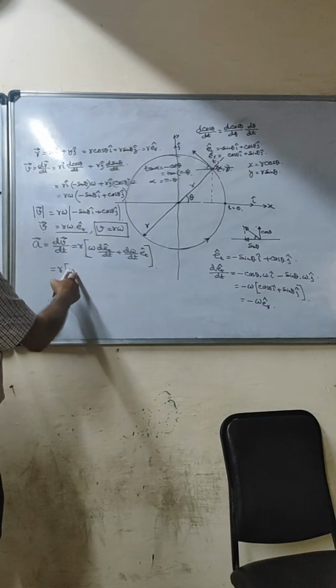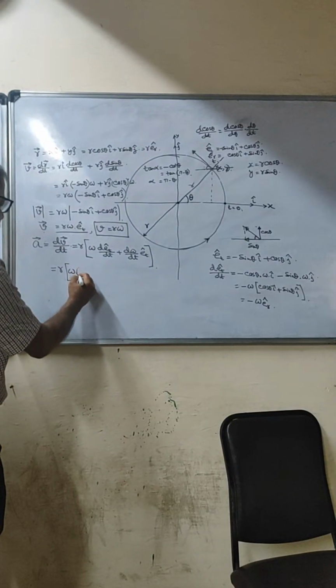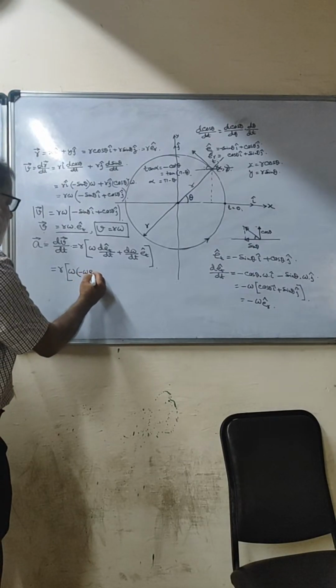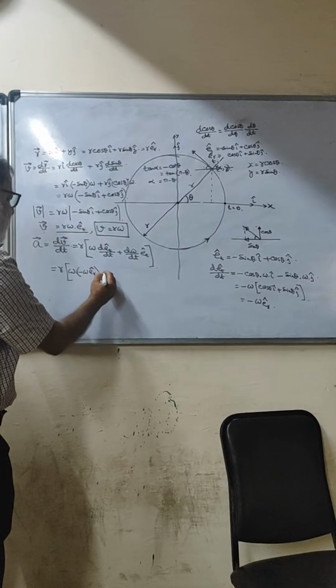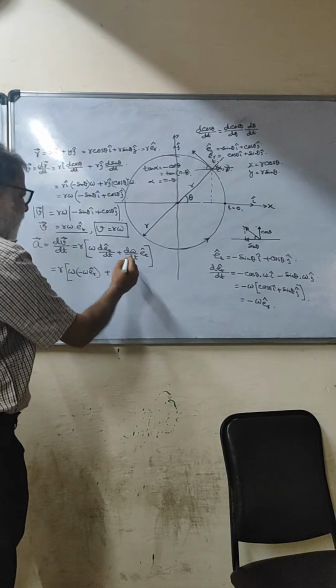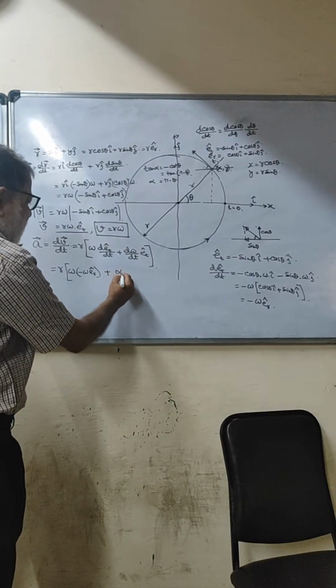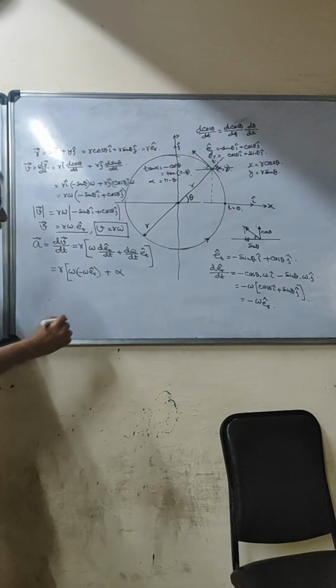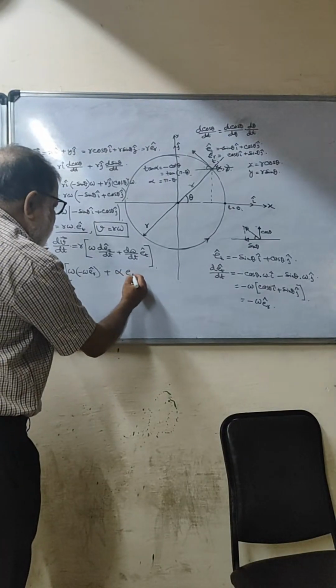So my first term will be omega into minus omega er cap plus d omega by dt into et cap. Well, d omega by dt is alpha, angular acceleration, right? So I write alpha et cap.